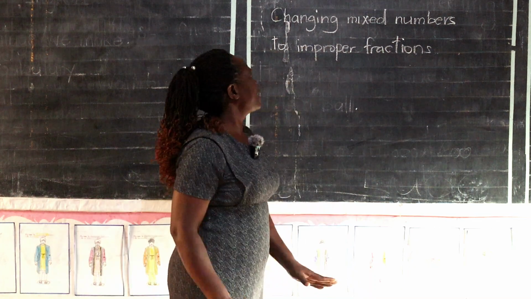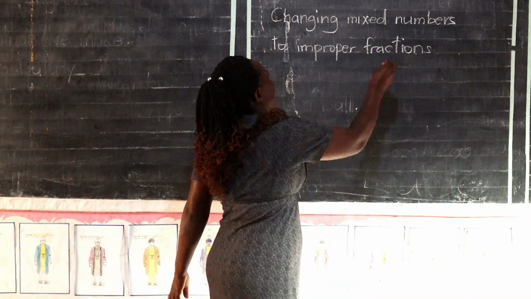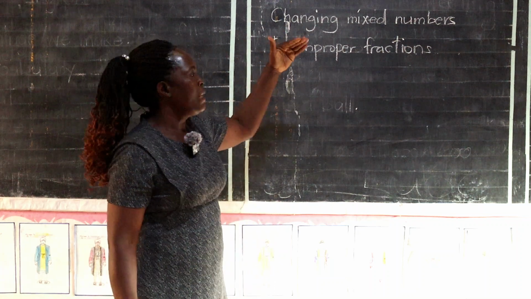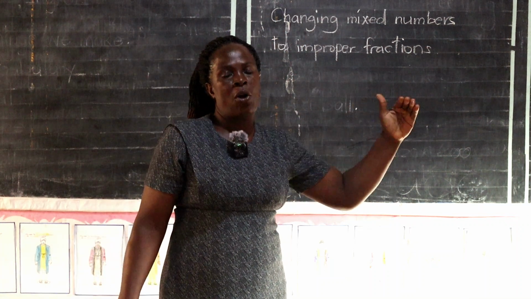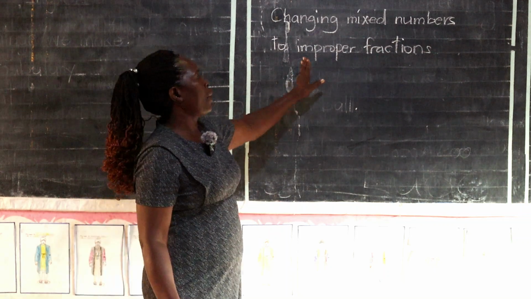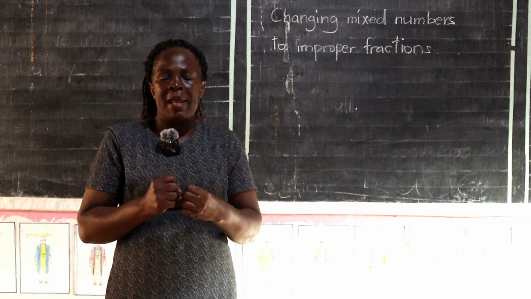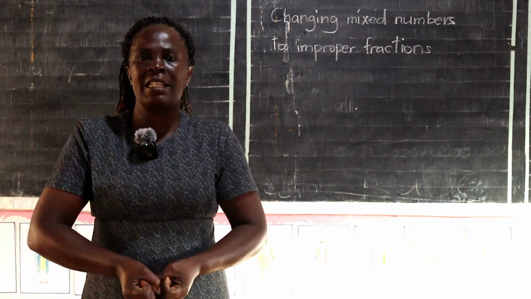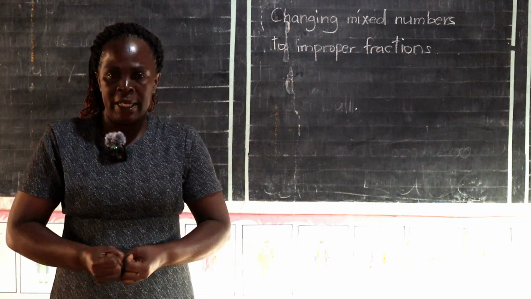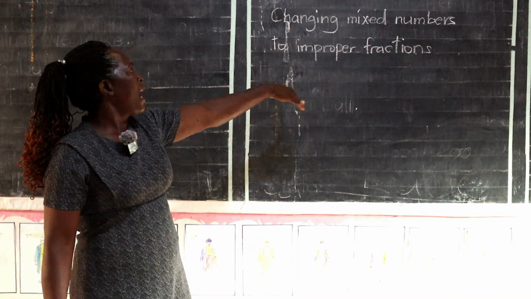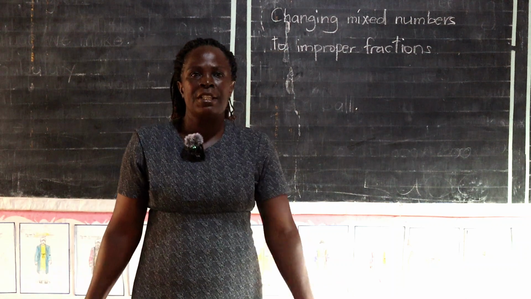As we have seen, mixed numbers are numbers which have a whole and a proper fraction. Then improper fractions are fractions whose numerators are greater than the denominator. So we are going to change mixed numbers to improper fractions.